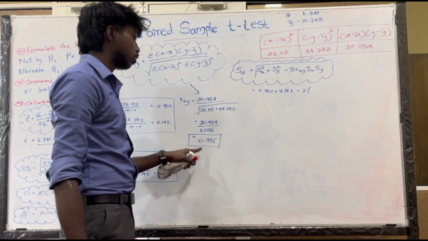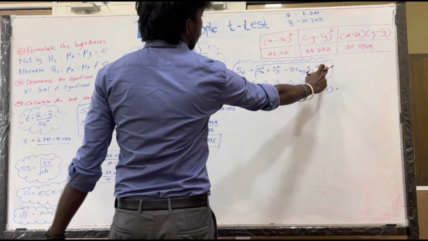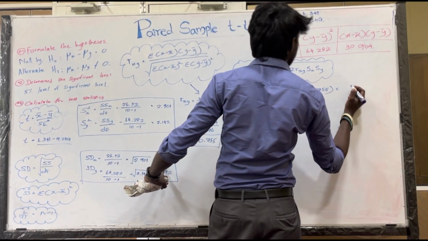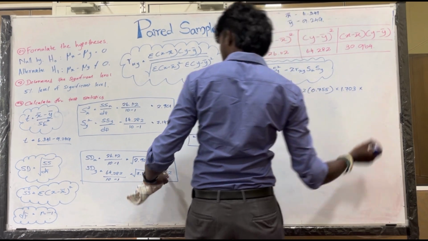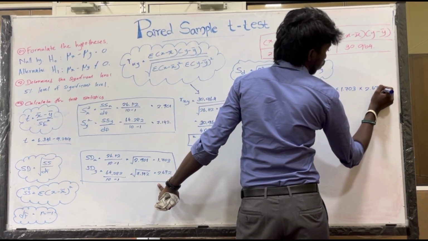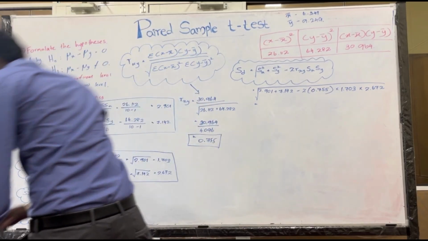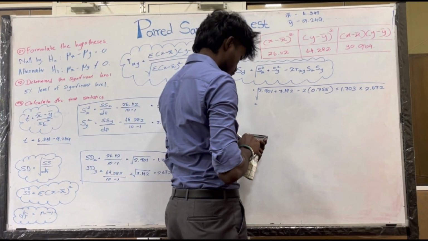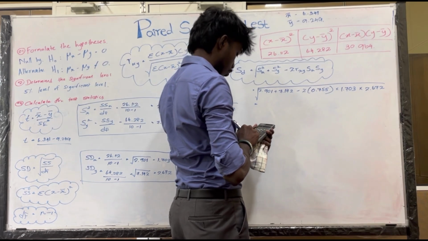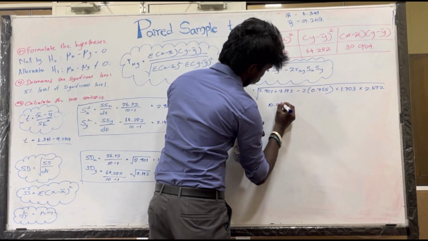We calculated the r value as 0.755, multiplied by the standard deviation of x, 1.703, multiplied by the standard deviation of y, 2.672, and take the square root of this value. 2.901 plus 7.142 is 10.043.